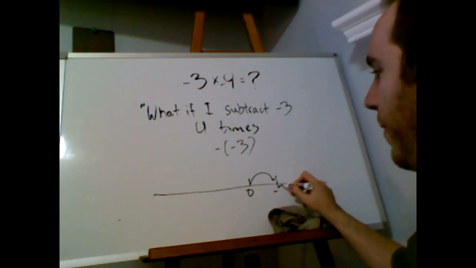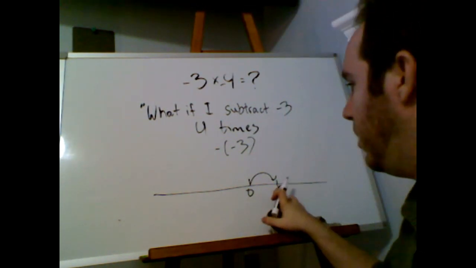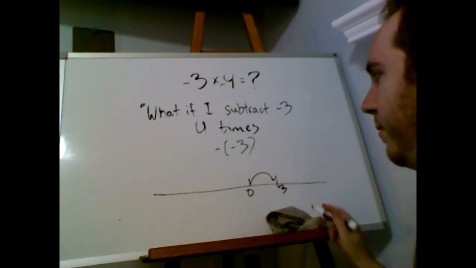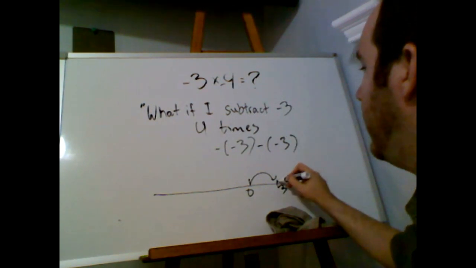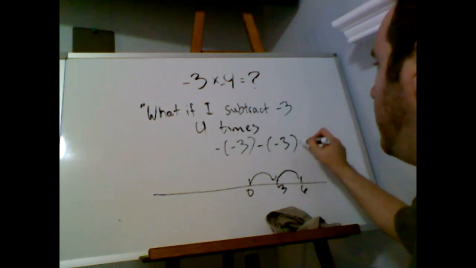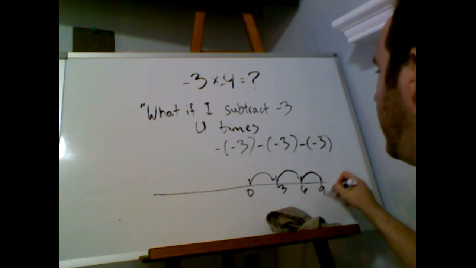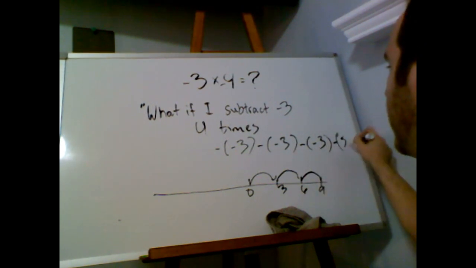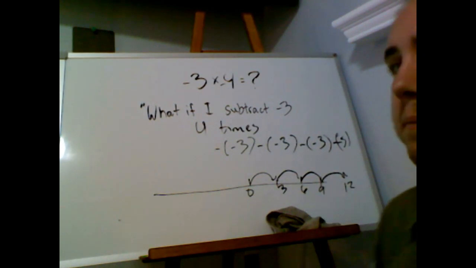Because we already talked about that's what happens. When you subtract a negative number, you're going to move in the positive direction. So that's going to move us into positive 3. Minus negative 3 brings me to 6, minus negative 3 brings me to 9, minus negative 3 brings me to 12. Okay?